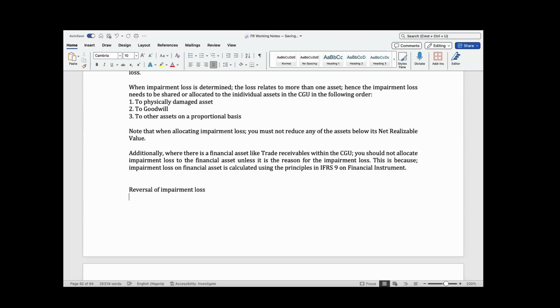Ordinarily, impairment loss is a permanent loss in the value of an asset. It's unlike a revaluation deficit that is temporary. It is permanent.